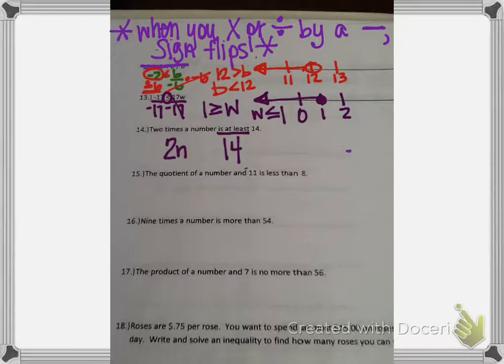And I decide that first. Is at least 14, so it could be bigger than 14. 14 is the smallest it could be. And then I have to ask a second question. Could it be equal to 14? And the answer is yes.